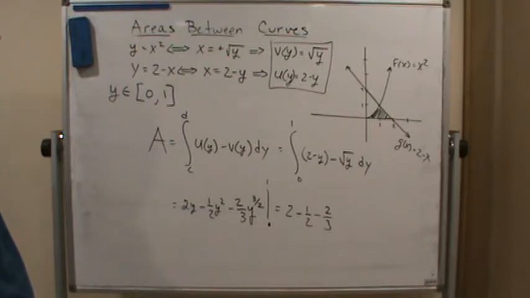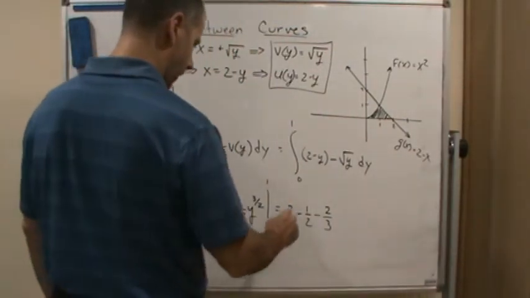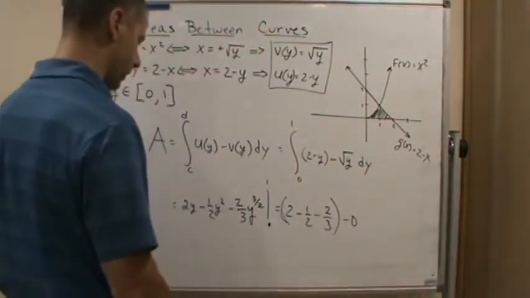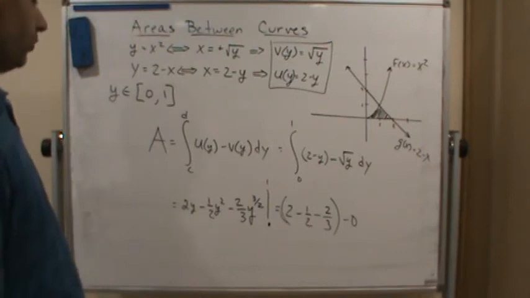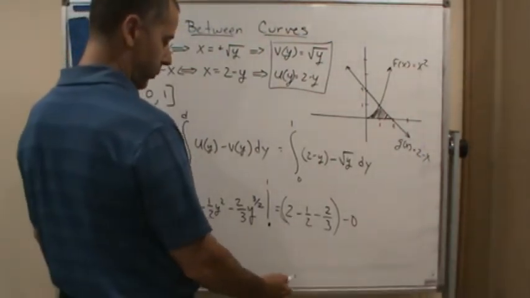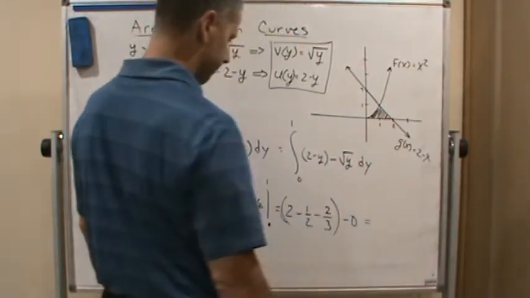And so what do we get? So obviously this is just going to be minus 0, like I said. We're just going to be subtracting off 0. So what do we get? We get 2 minus a half, which is 1 1/2, right? Or 3/2. And this is going to give us what?